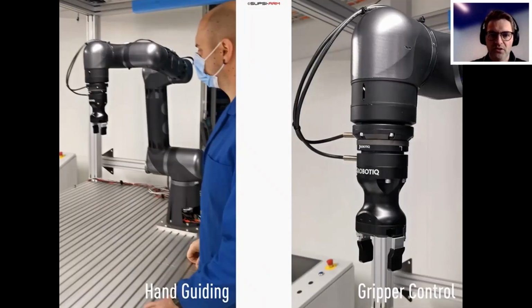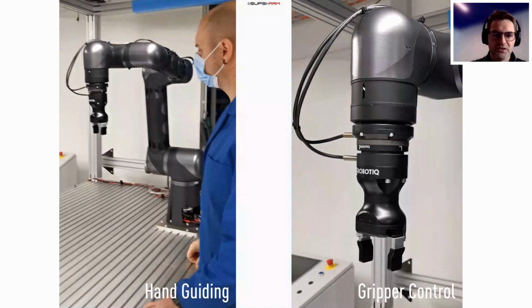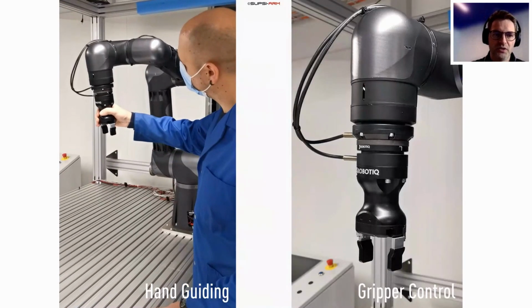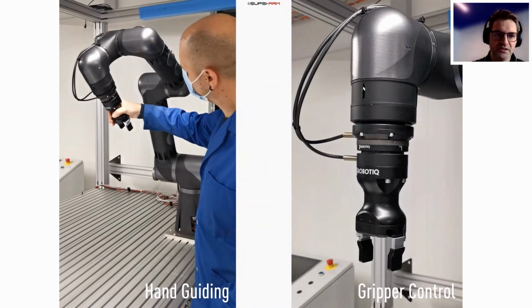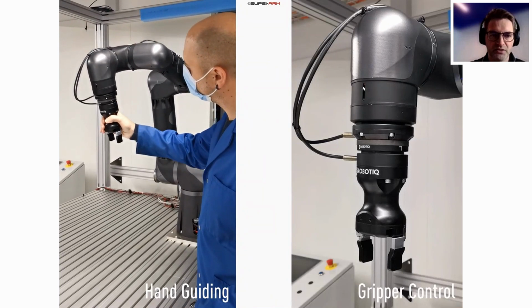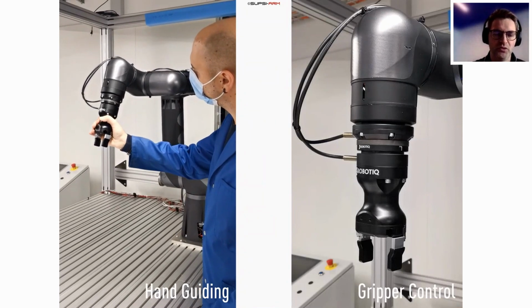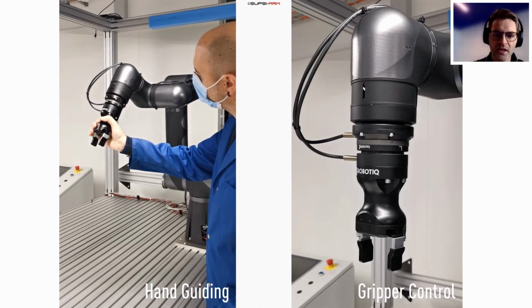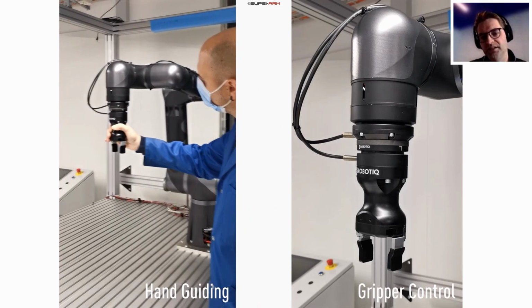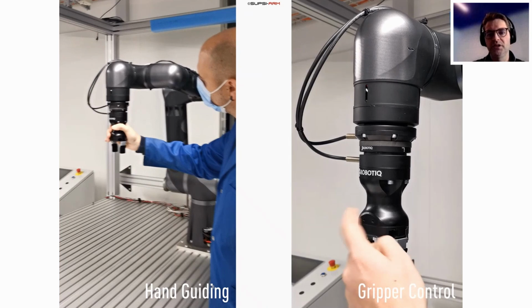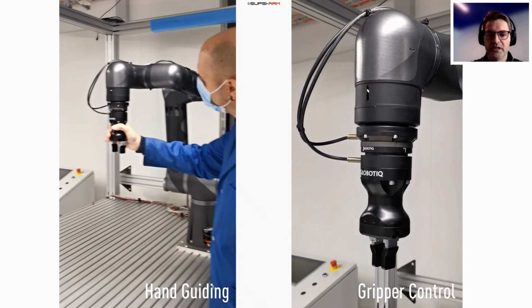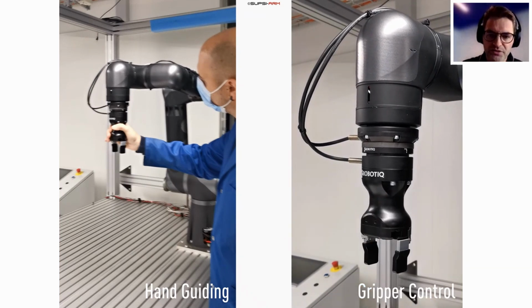Okay. When it comes to the advanced features, we did include hand guiding, so essentially the operator can take the robot and move it by hand. And on the right-hand side, you can see the gripper control is essentially a double click or double tap feature that is very useful when you perform hand teaching of the robot.